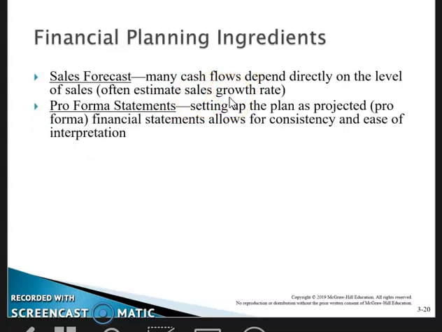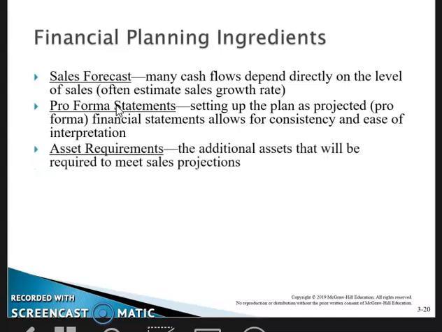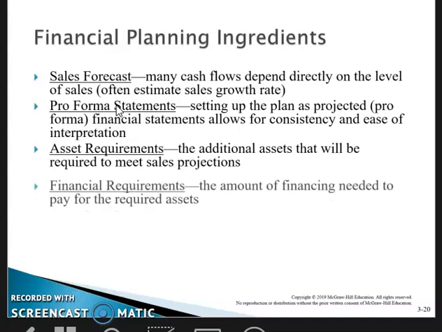Pro forma means creating financial statements based on historical expenses and so forth. Asset requirements are the additional assets that you use to produce the goods necessary for increased sales projections, for example.